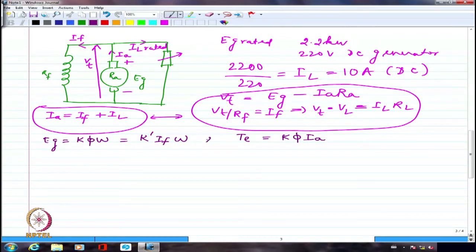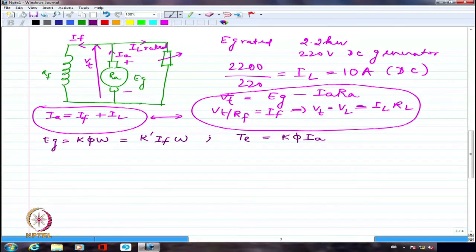Both these equations are very much valid, whether it is a generator or a motor. The only thing is, in a motor we will call this EB, back EMF or counter EMF. And we will call the torque the electromagnetic torque, which becomes the output torque in the case of a motor, whereas it is a counter torque in the case of a generator. That's all is the difference.